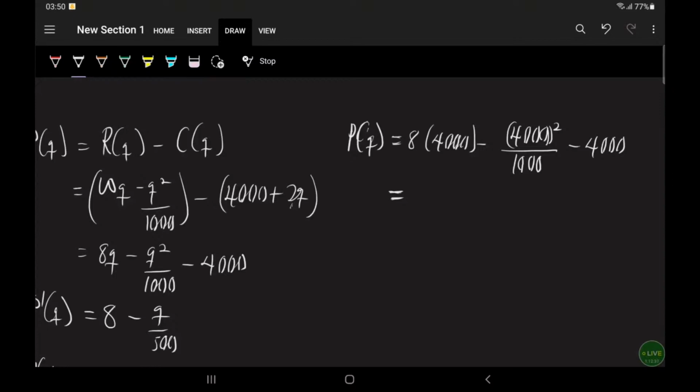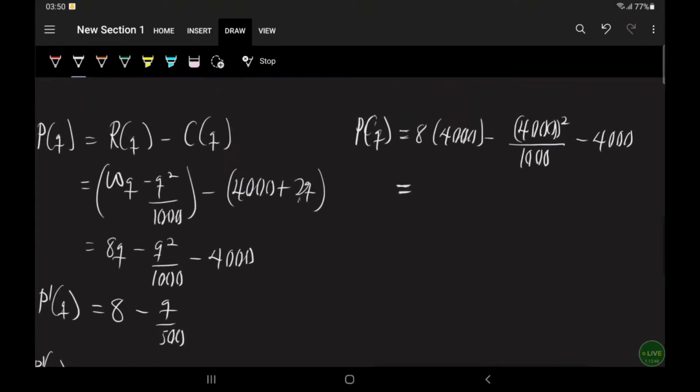Thank you once again. So when I compute this on my calculator, I had a profit of $12,000 in that case.